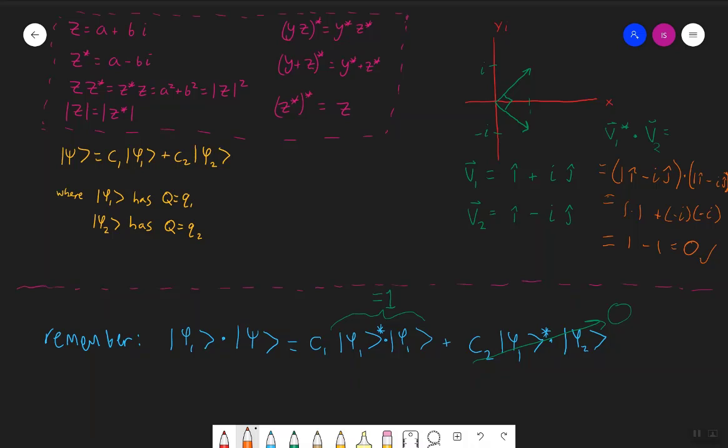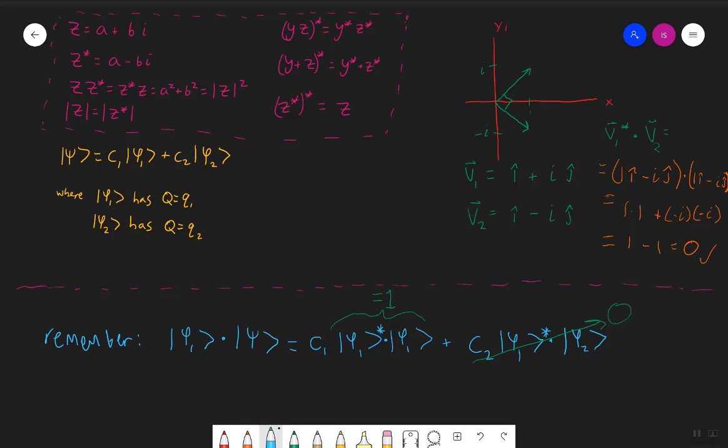So perfect. This is giving us exactly what we want. It makes the dot product of perpendicular vectors 0, if we take the complex conjugate of the first one, and if we have them be the same vector, it gives us the magnitude squared. So that's what we want this dot product to be.